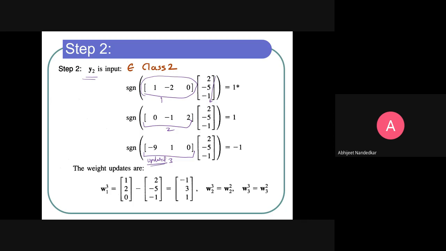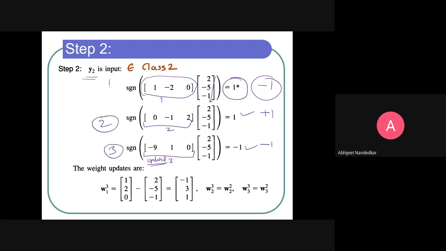Now when you multiply, you will get plus 1 here, plus 1 here, minus 1. What is the desired response? The desired response for the second input was minus 1, plus 1, minus 1. So who is producing the wrong answer? This position is wrong. These two are correct, so we will not disturb neuron number 2 and neuron number 3.